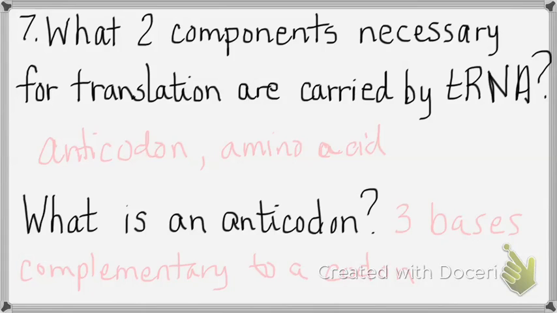They're complementary to a codon. They are 3 bases, but they're complementary to a codon. So we're going to practice that. And we have practiced it before. I just want to point out where you have done it before. On the top of page 143, you practiced doing anticodons at the top of page 143, table 11.7.